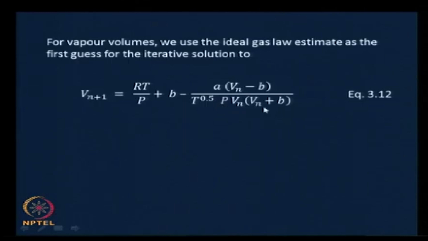So we saw that if we put in a guessed value of Vn, we get a calculated value of V(n+1) from the right hand side, and if the difference between the calculated value and the guessed value is negligible, we can stop the iterations. Negligible, we said, should be within 1 or 2% of the guessed value.